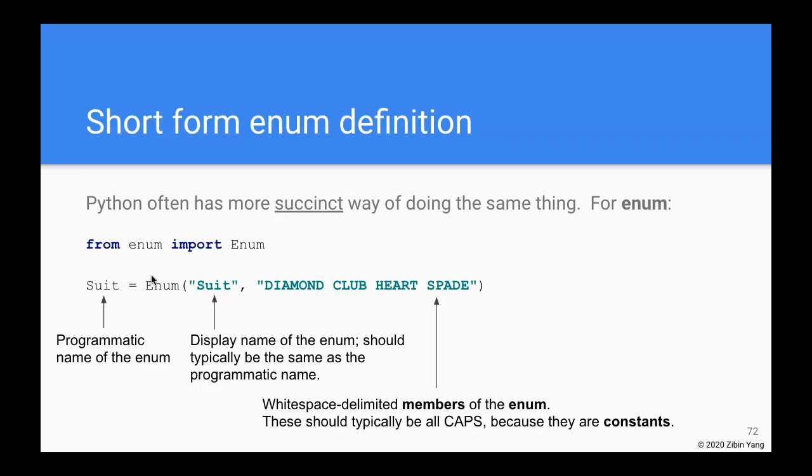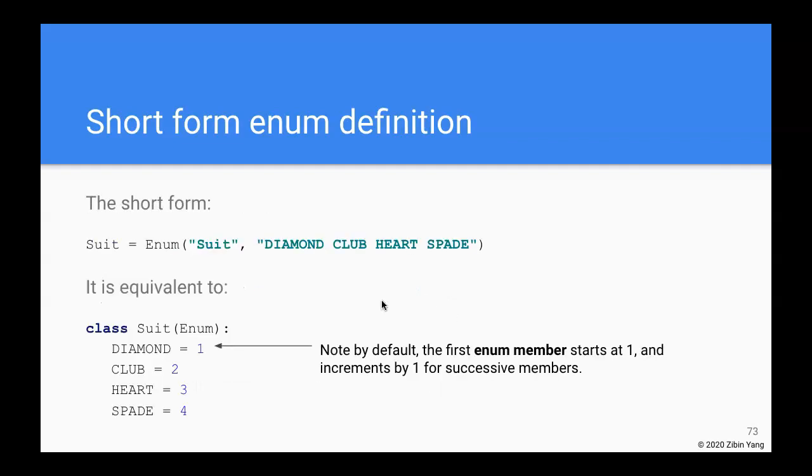Usually it should be the same as the name of the enum itself, but if you want to customize it, you can call it something different. The second argument is the most important one, and that is a list of members for this enum separated by just spaces. So for suit, it's diamond, club, heart, and spade. Defining it this way is pretty much exactly the same as defining it as a class.